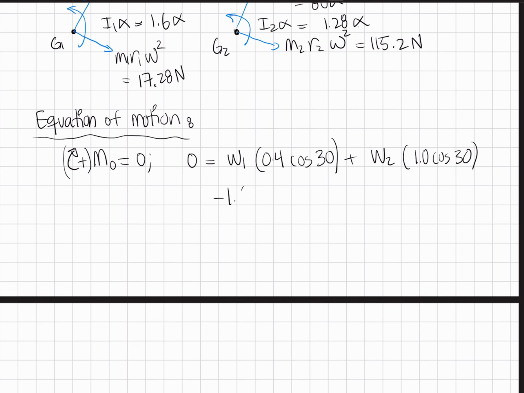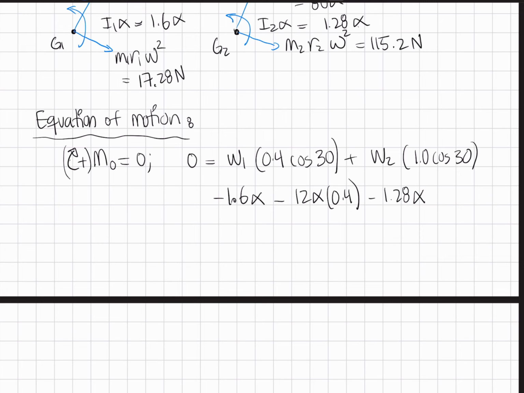We have 1.6 alpha, that's a minus because it's going in the opposite direction. We have minus 12 alpha times 0.4. That's looking at the tangential force times the moment arm, minus 1.28 alpha.